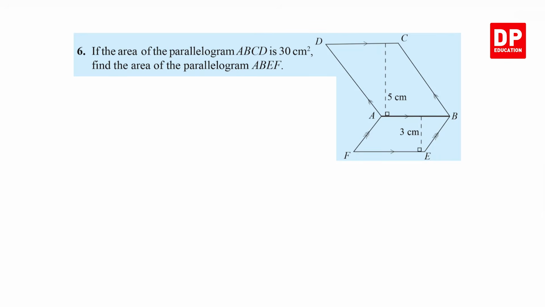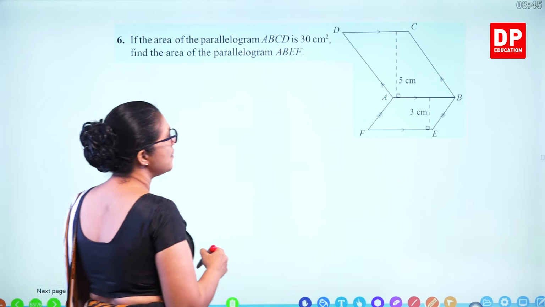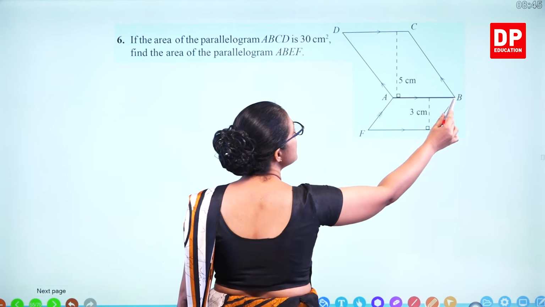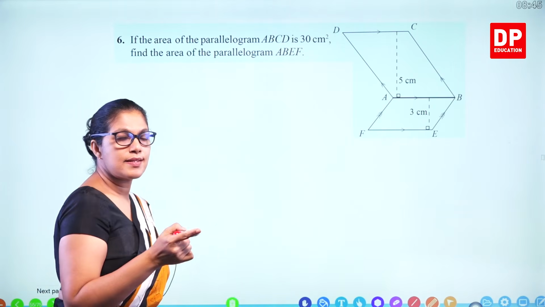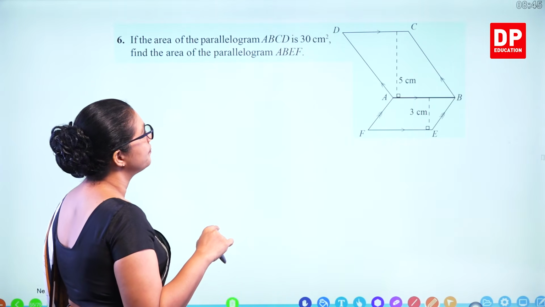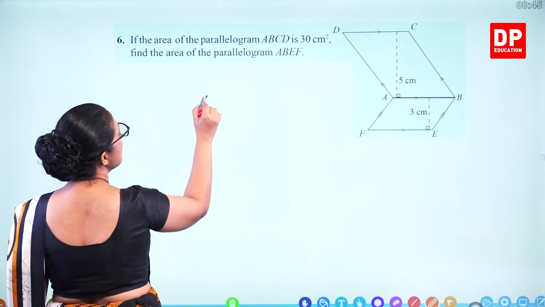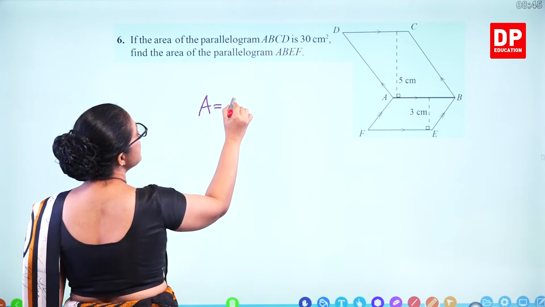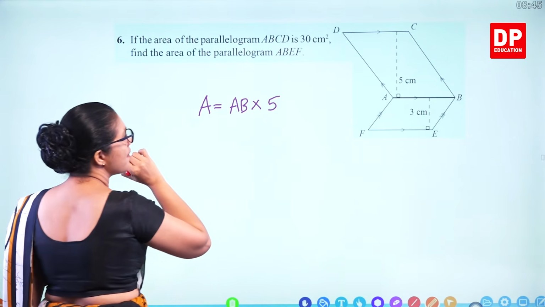If the area of the parallelogram ABCD is 30 square centimeters, find the area of the parallelogram ABEF. So that means basically we need to find out this AB length and then use the base to find the area. So area of ABCD is base length AB into perpendicular height 5.